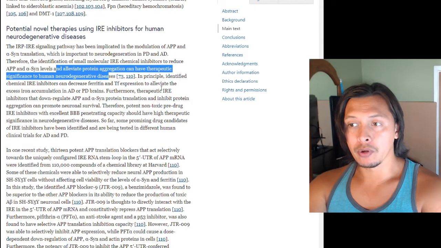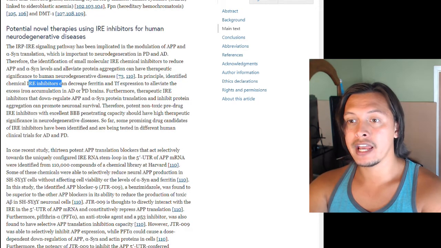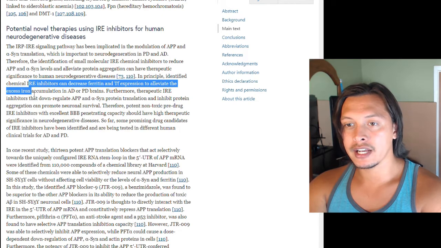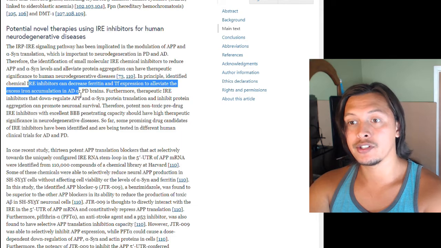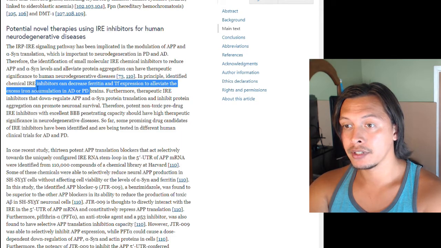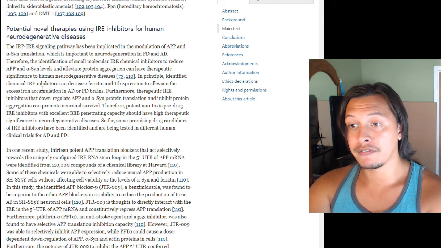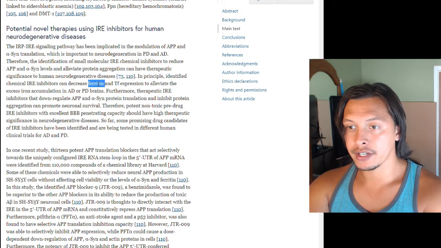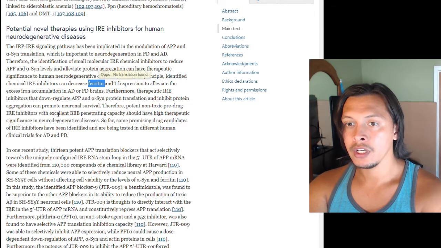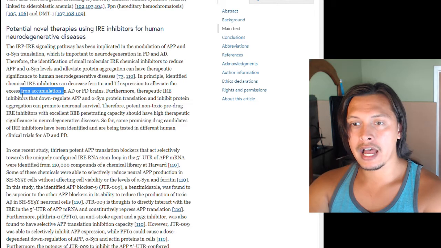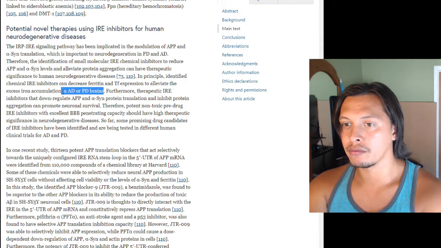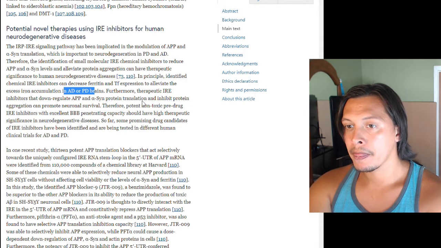So, in principle, identified chemical IRE inhibitors can decrease ferritin and transferrin expression to alleviate the excess iron accumulation in Alzheimer's disease or Parkinson's disease. So, if you decrease transferrin and if you decrease ferritin, you end up having less iron accumulation in the Alzheimer's disease or Parkinson's disease brains.